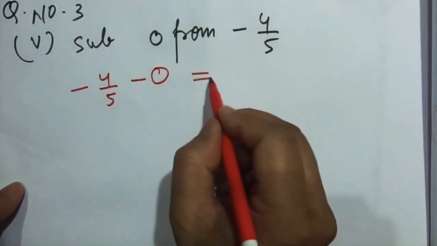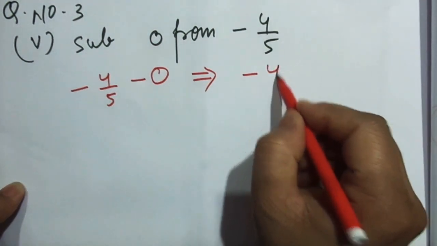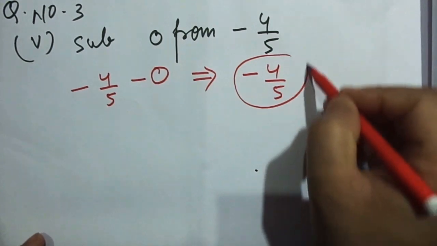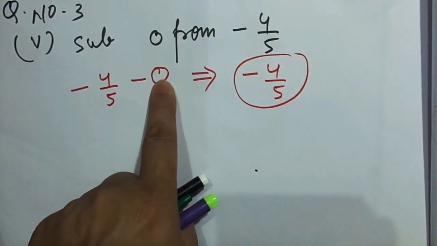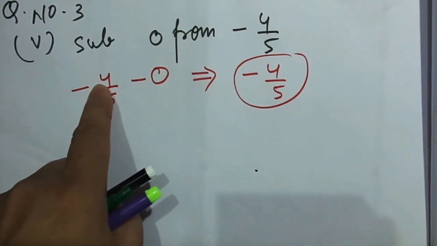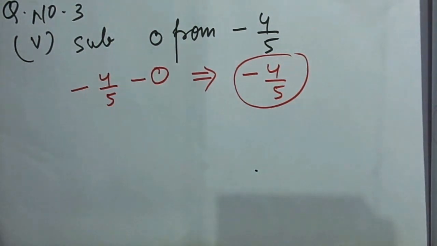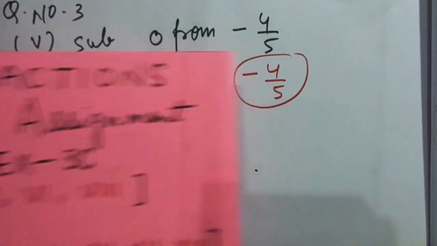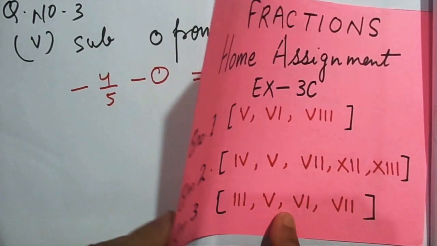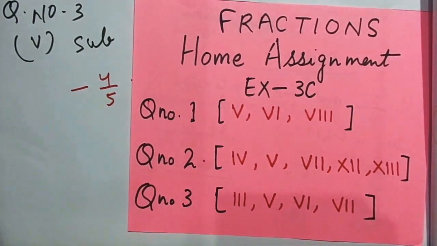So what should I get? I'll get minus 4 by 5 only as your solution. If 0 is subtracted from any number, the answer is that number only. Now let's come to the next. We have done 5. Now is number 6.